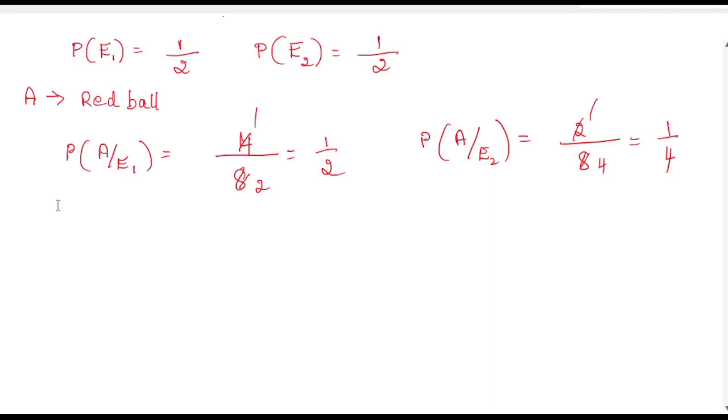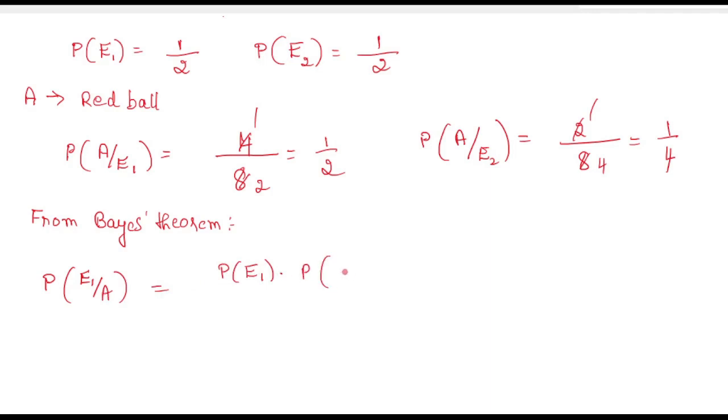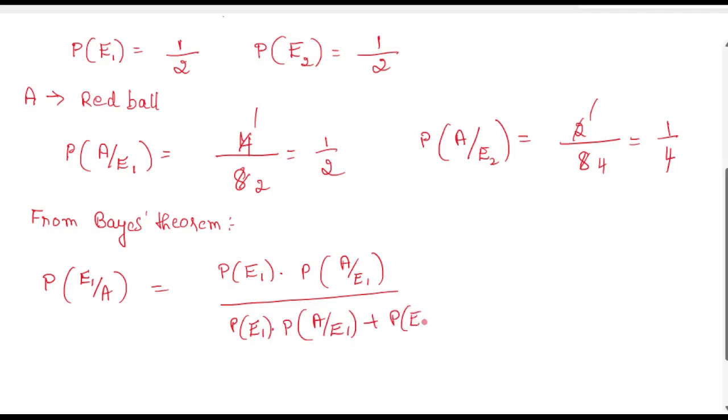So from Bayes theorem, you can write the probability that from the bag E1 a red ball is selected equal to P of E1 into P of A by E1 divided by P of E1 into P of A by E1 plus P of E2 into P of A by E2.